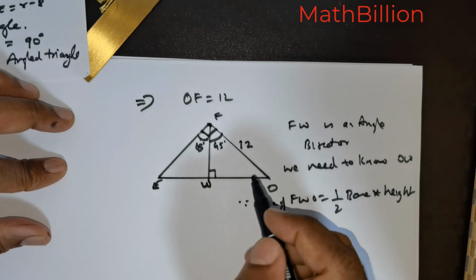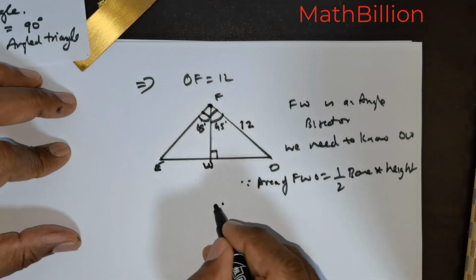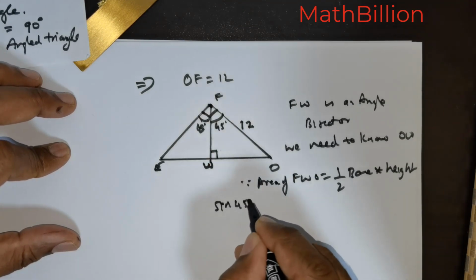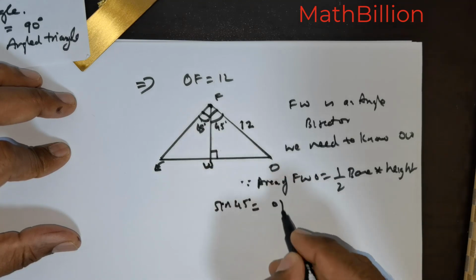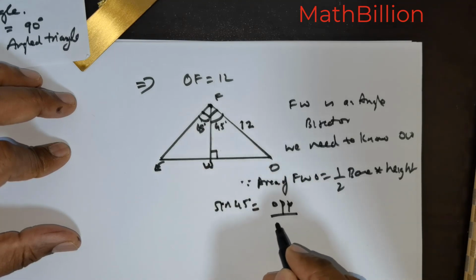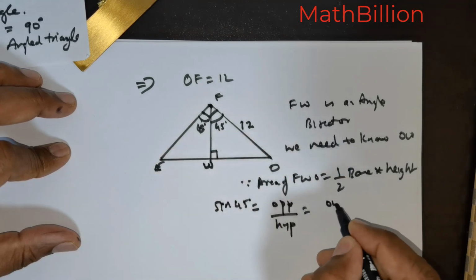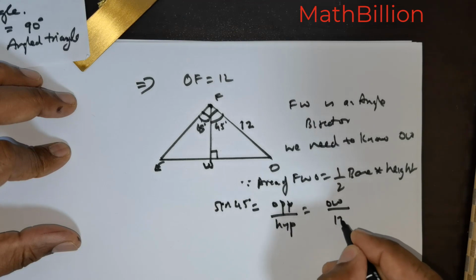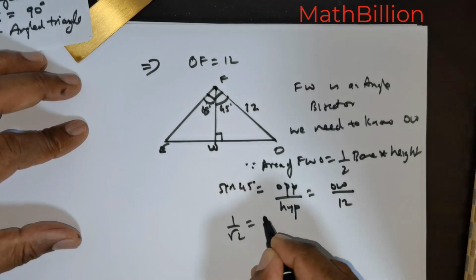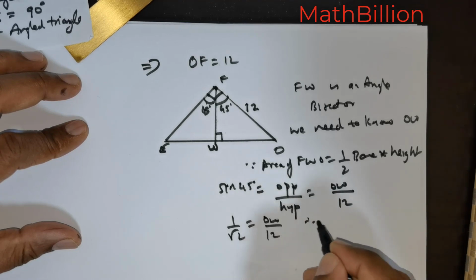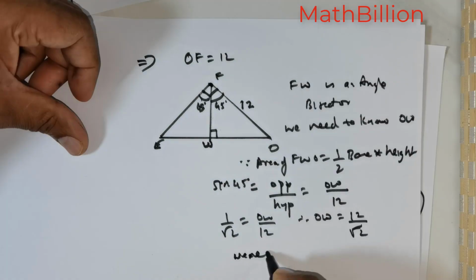Now I do not know this side, but I know this angle. So I would like to use sine. Sine 45 degrees is equal to opposite side by hypotenuse. My opposite side is OW. My hypotenuse is 12. Sine 45 is 1 over root 2, equal to OW divided by 12. Therefore OW is equal to 12 over root 2.